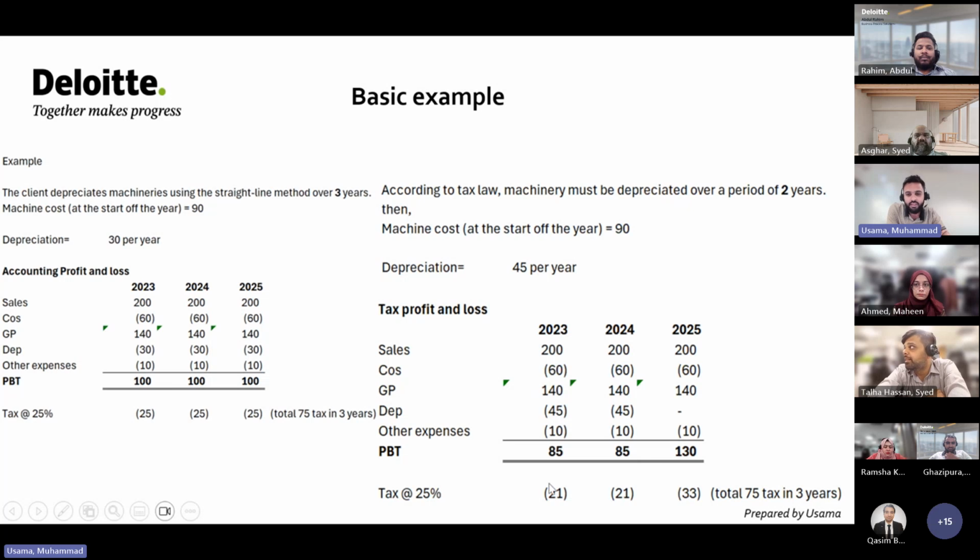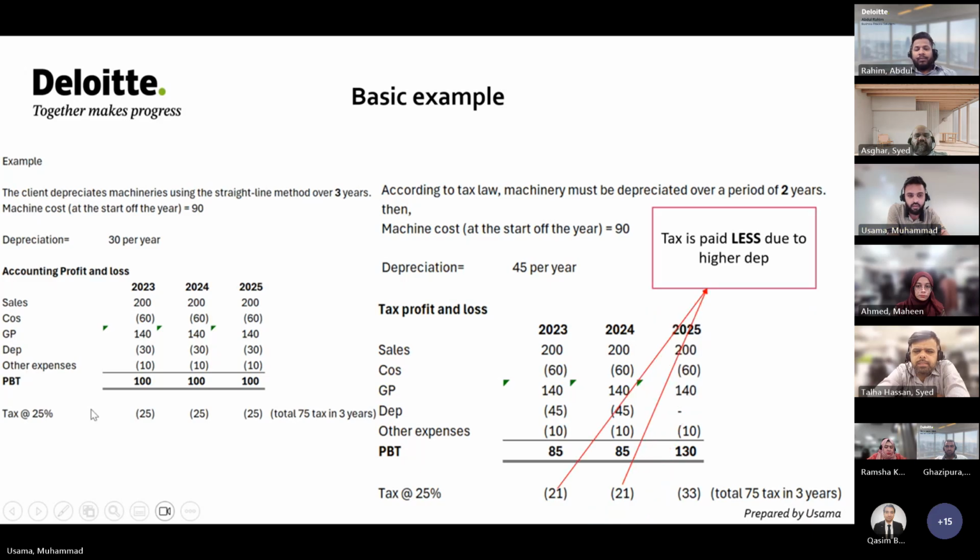Okay. So here you can see that for the tax purposes, the revised computation is 85 for the PBT, not 100. Therefore, the tax is calculated lower in the first 2 years. You can see that here it is 25 as per the accounting standards, and here it is 21 as per the tax standards.